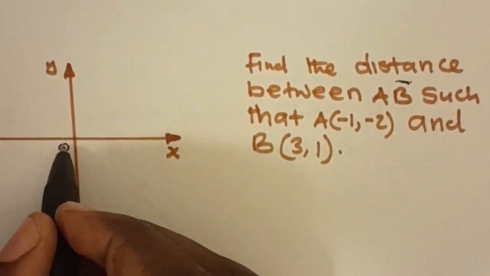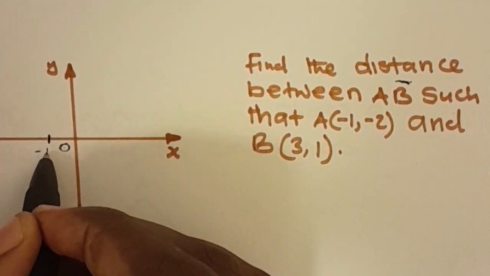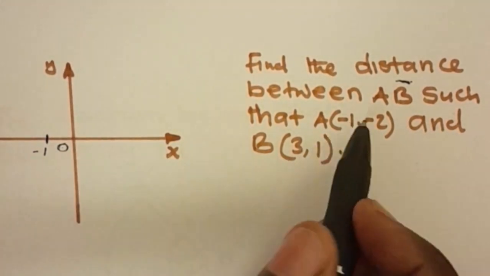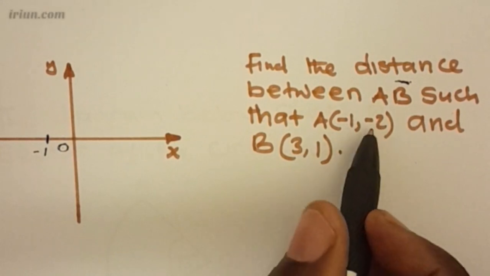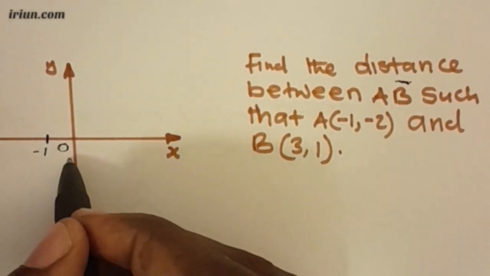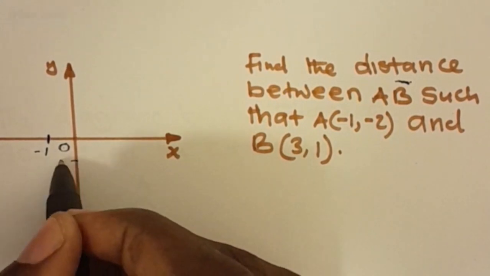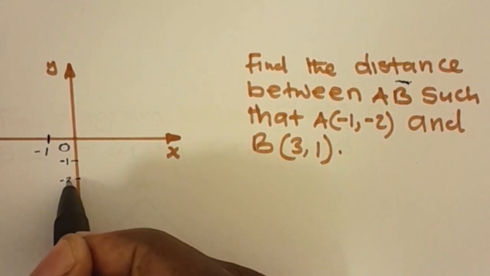So this is 0. So as we go to the left, we're going to have -1 here. Then the y coordinate for A is actually -2. So as we go down from 0, you have -1 here, then -2 here.